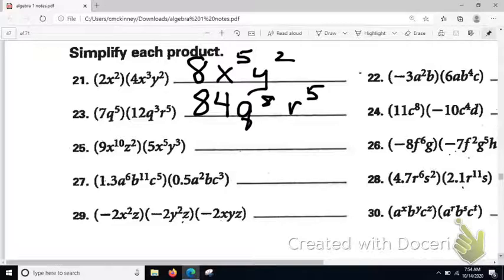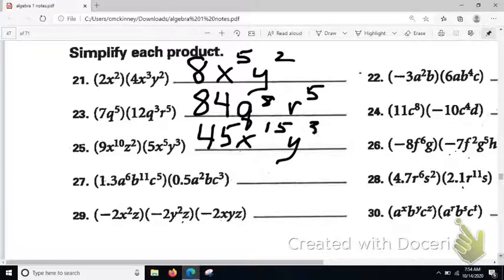Now, what you're going to see is that the variables are going to be written in alphabetical order. So sometimes the second monomial is going to sneak a letter in between. That's what's going to happen in 25. So 9 times 5 is 45. Then I have x. 10 plus 5 is 15. Then we're going to write the y next, because alphabetically it would come before z.